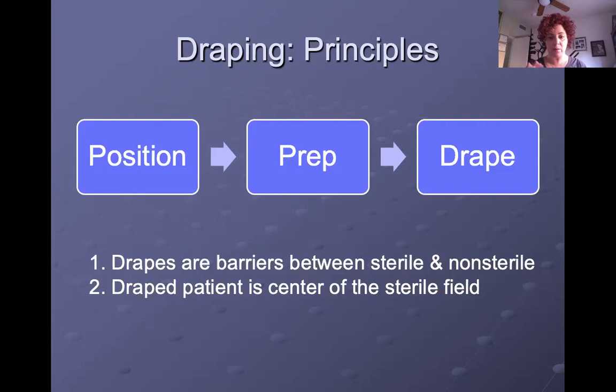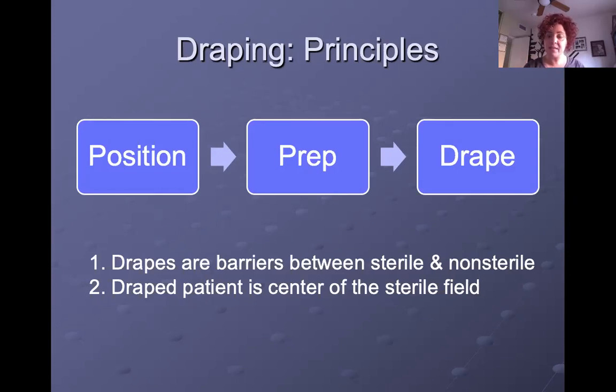So hopefully our prep is going to remove all of the transient organisms, the ones that have been picked up from our environment, and it's going to reduce the resident flora that's on the skin as well. After that happens, or around the time that the circulating nurse is starting the prep, that's when the rest of our surgical team is probably going to start wandering into the operating room. The surgeon's going to come in.